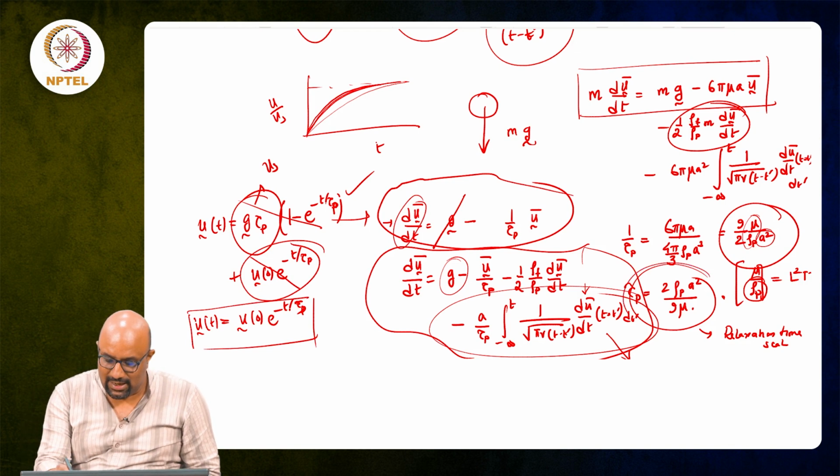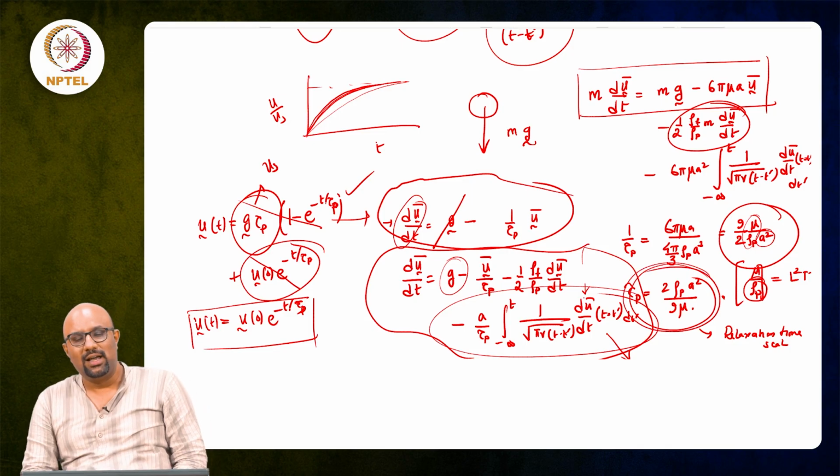And you can see that the relaxation time scale is going to be significantly large if the particle density becomes quite large. So, if you have heavy particles, then tau p is automatically going to be larger.